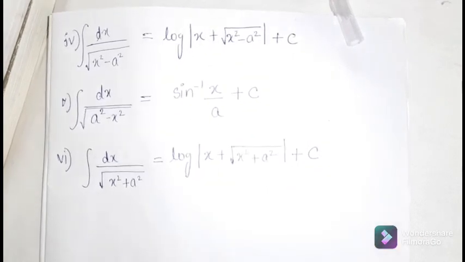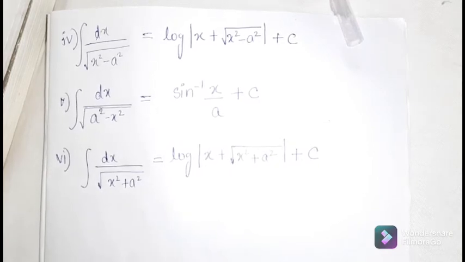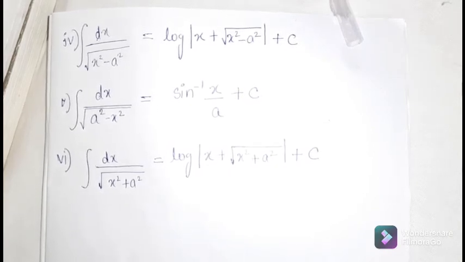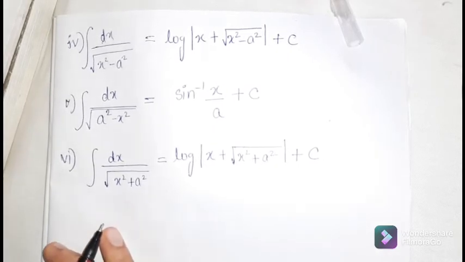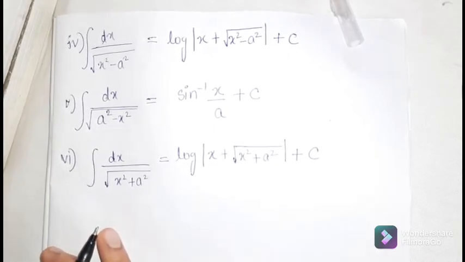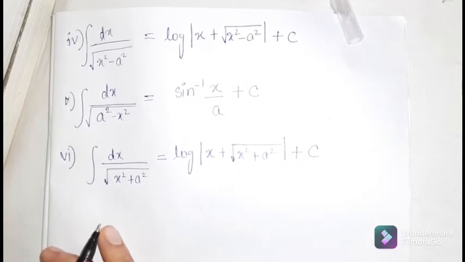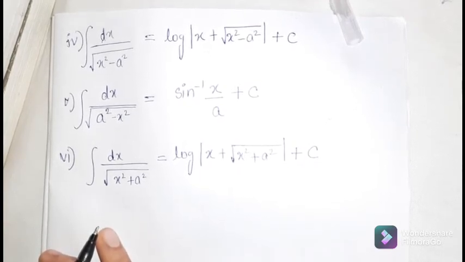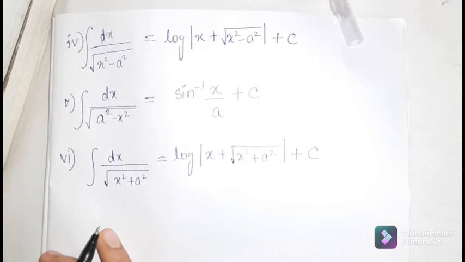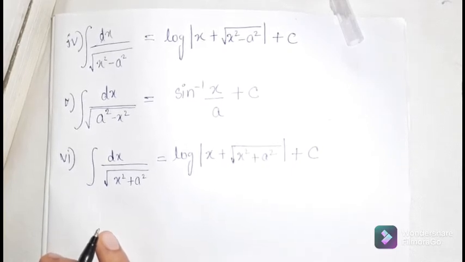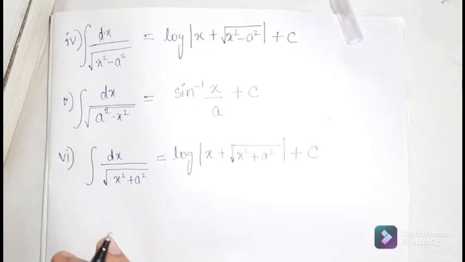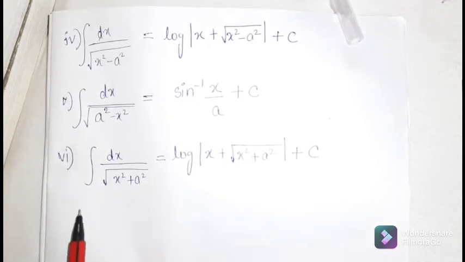So these 6 are the standard formulas which we will use while integrating the functions, and these are very important. Okay, here a proof is there, you can see it in your textbook. You have the proof for this. The proof is not that easy, but we will use the formula, so you need to know it. So these 6 are the standard formulas.